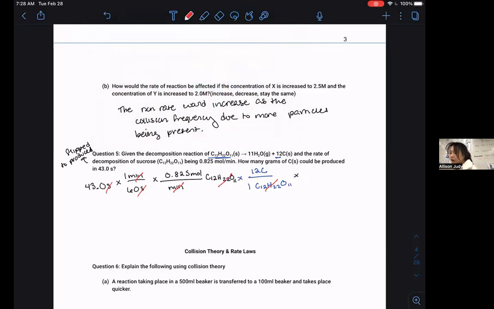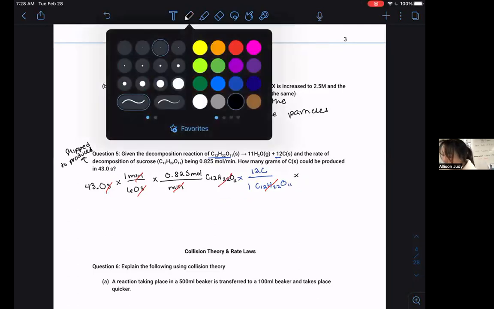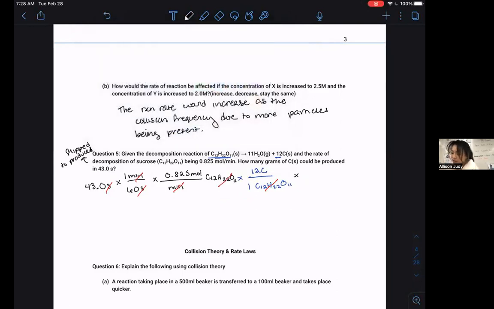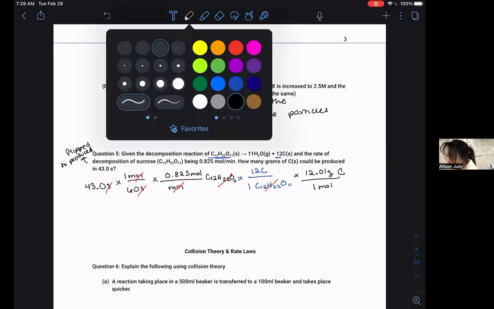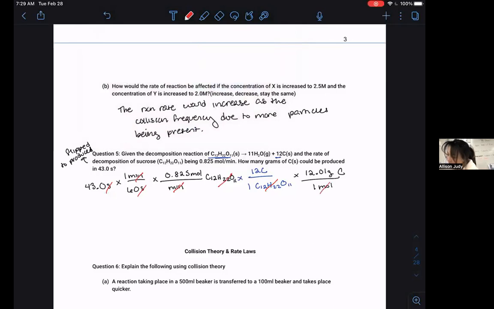Now I'm left in moles of carbon, but I want to be in grams of carbon, so I multiply by the molar mass: for every 12.01 grams of carbon, I have 1 mole of carbon. The moles cancel out, and I'm left in grams of carbon, which is exactly what I wanted.